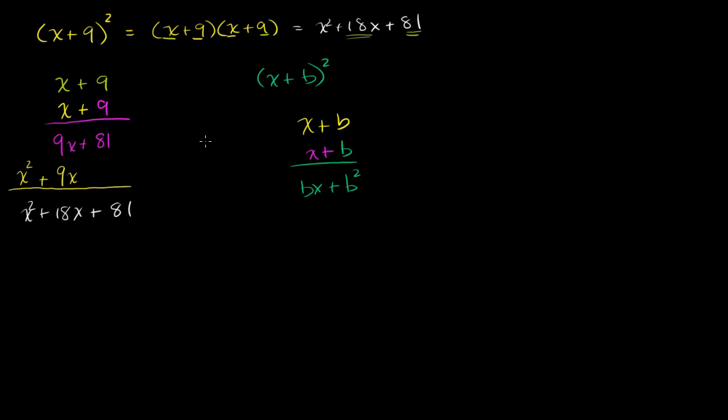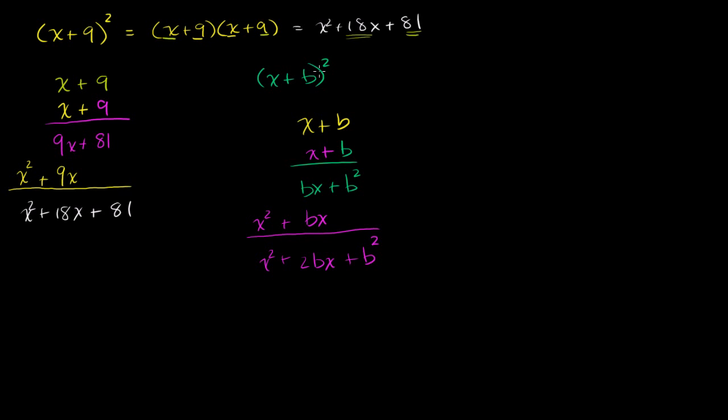And then we'll do the magenta x. x times b is bx. And then x times x is x squared. So when you add everything, you're left with x squared plus 2bx plus b squared. So what you have when you have x plus b squared is x squared plus 2 times the product of x and b plus b squared.